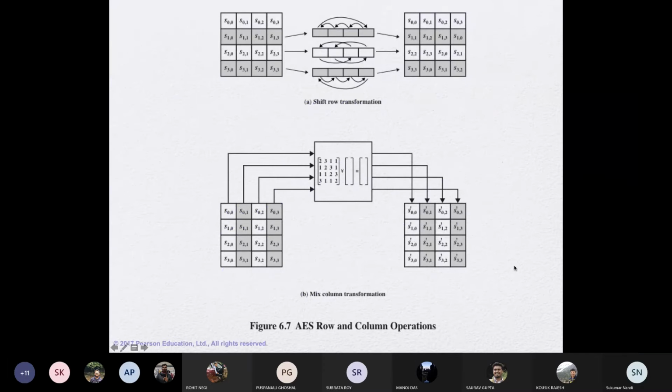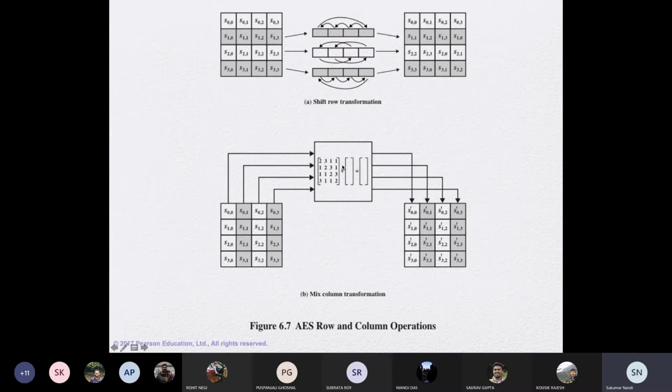So we discussed mix column. I am skipping the shift row. Mix column basically uses the mix column matrix here. If you can see 2, 3, 1, 1. Please remember 2 is GF2 to the power 2, that is 0, 2, 0, 3, 0, 1, 0, 1.